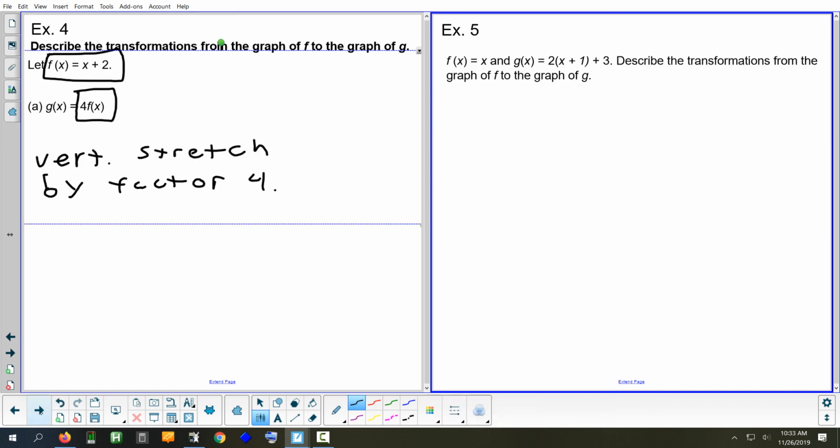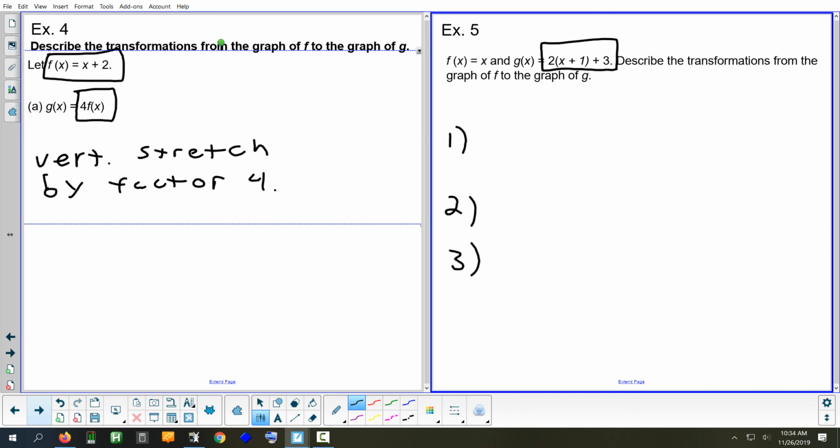Okay. Now, this one has a few things going on. How many transformations are in this problem? 3. Okay. The 1, the 2, and the 3 are all going to do something.